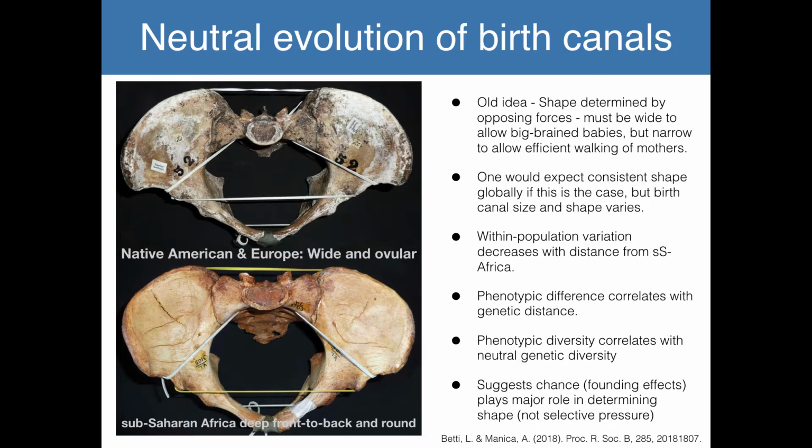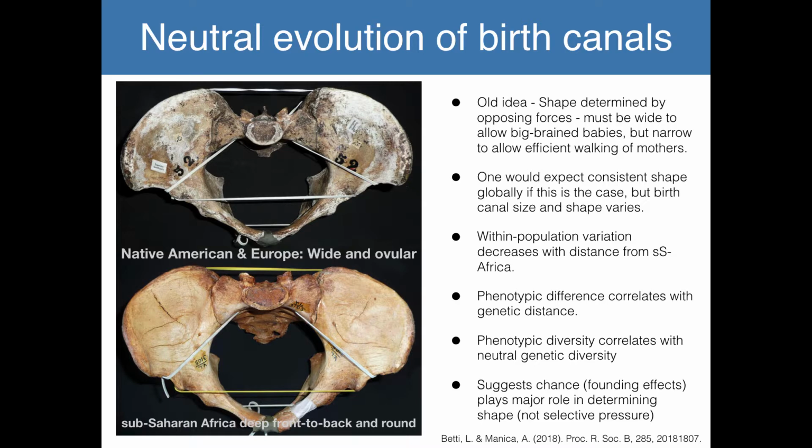So these researchers measured old skeletal remains using rubber bands and measuring tapes. What they found was variation within populations, so variation in Europe, variation in Asia.